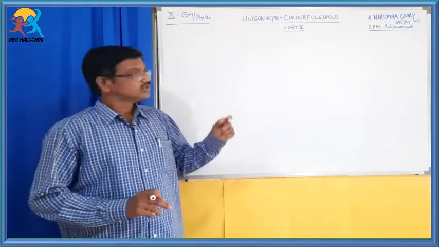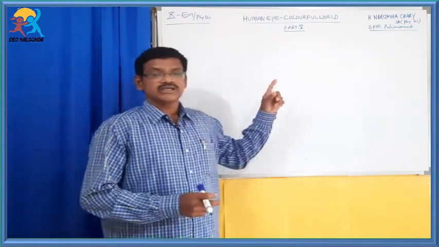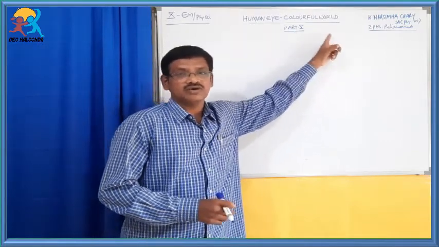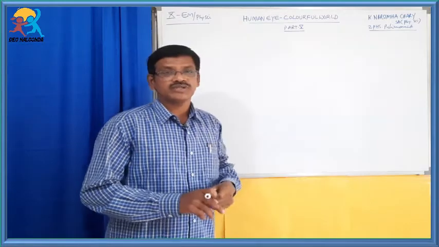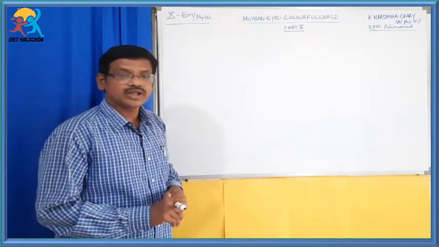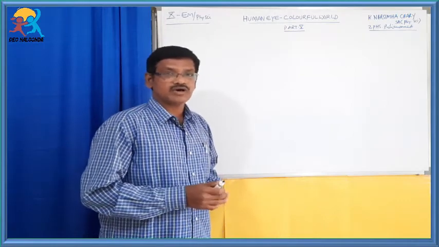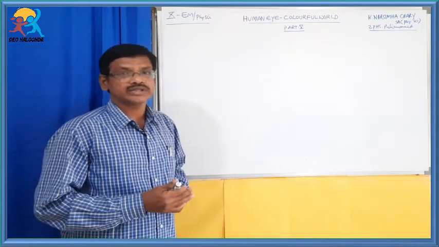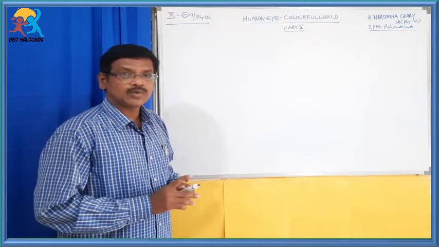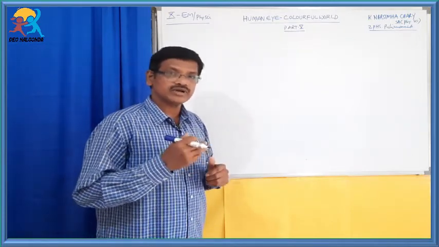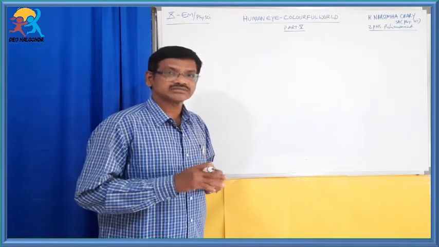Children, today we are discussing about human eye, colorful world, the remaining parts of the previous videos. Now, we recall some important points that have already reviewed in the last videos. Among them, the first point is distance of least distinct vision.